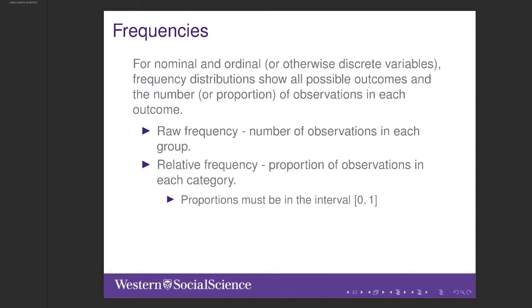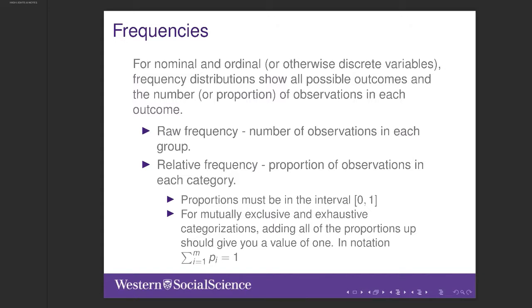You'll know if a value is a proportion or not because proportions must be in the interval between 0 and 1, and proportions for mutually exclusive and exhaustive categories must all sum to 1. Mutually exclusive simply means that an observation can only be in one category, and exhaustive means that there are no observations in other categories that are not represented in the frequency distribution.